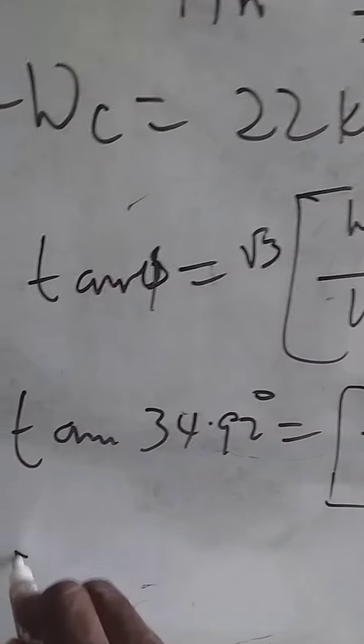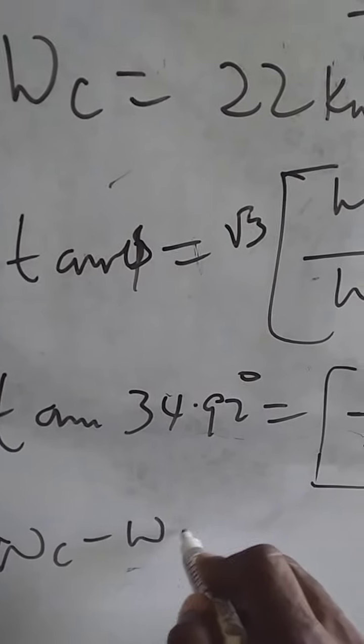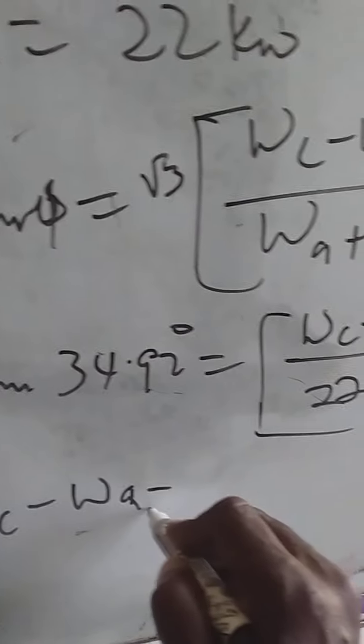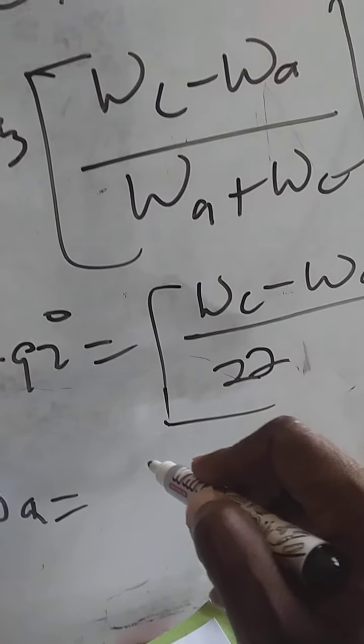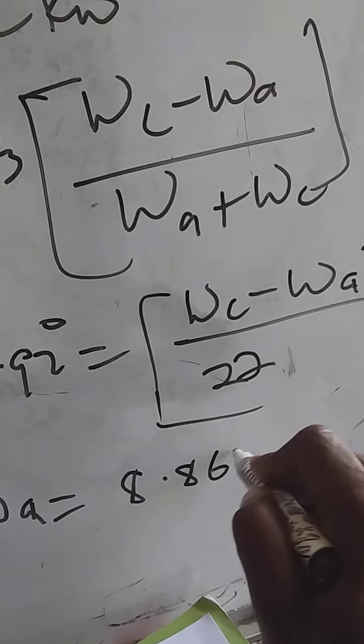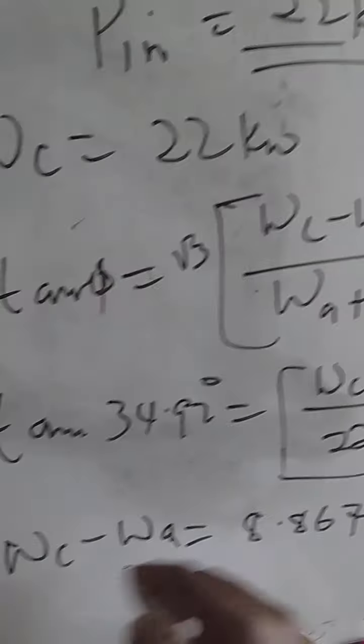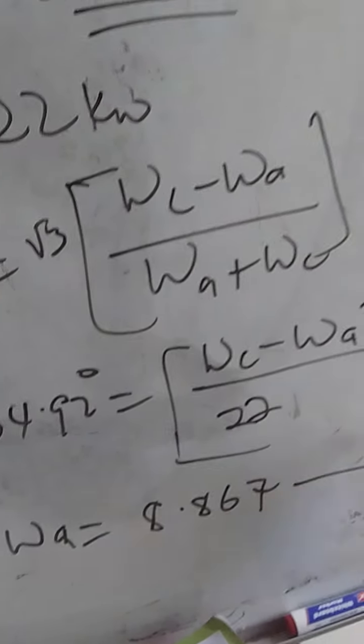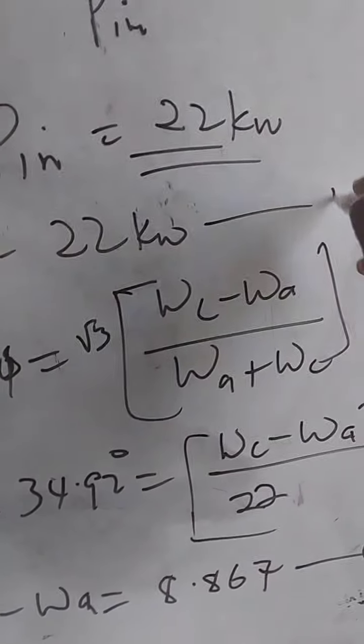So when you do your calculation, you find that WC minus WA will give you 8.867. This can be equation 2, while the earlier one is taken as equation 1.